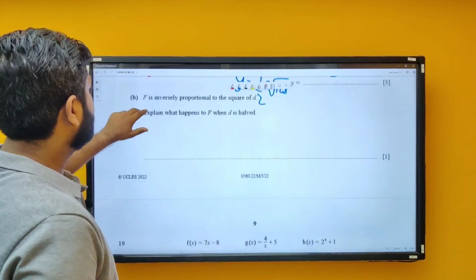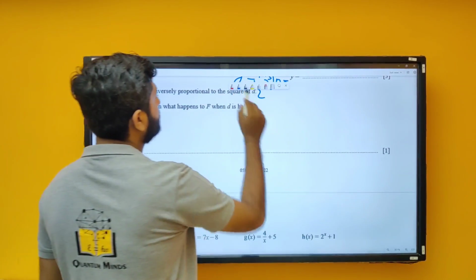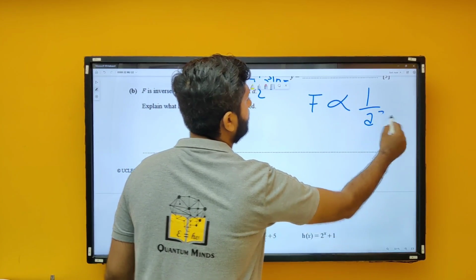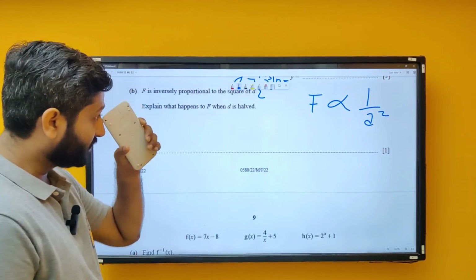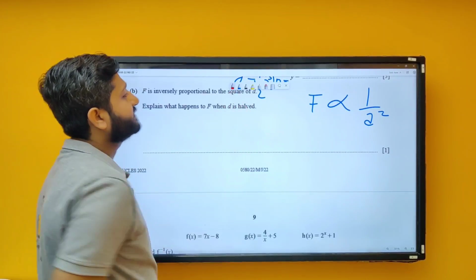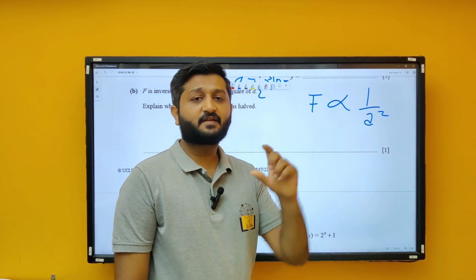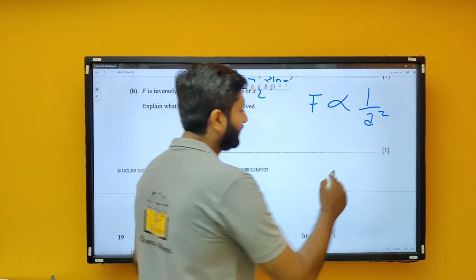Next, F is inversely proportional to the square of d. What happens to F when d is halved? So for example, let's say the value of d is d. Now if I take the value of d as half, which is d by 2, what will happen?